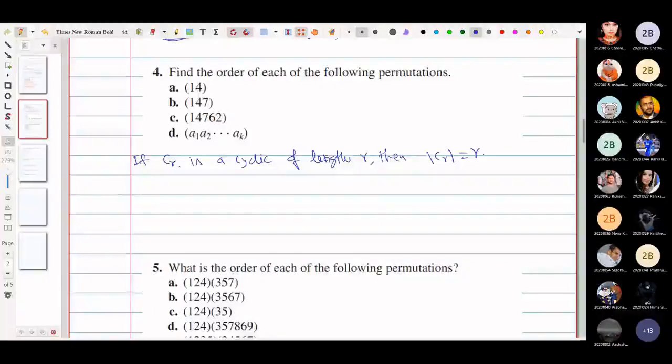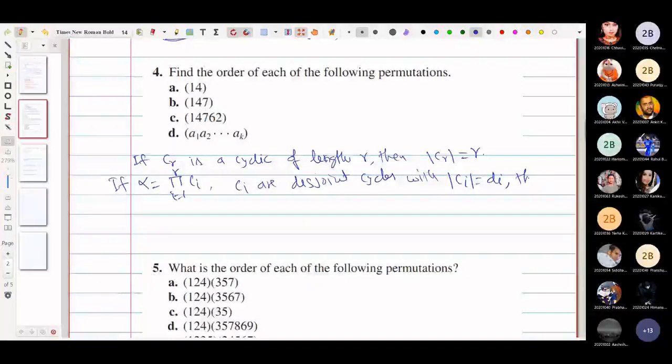So this is the thing, and then another result, which will be used in the next theorem: if alpha is a product of C_i, where i goes from 1 to r, and the C_i are disjoint cycles with order of C_i equal to d_i, then the order of alpha equals the least common multiple of the d_i.